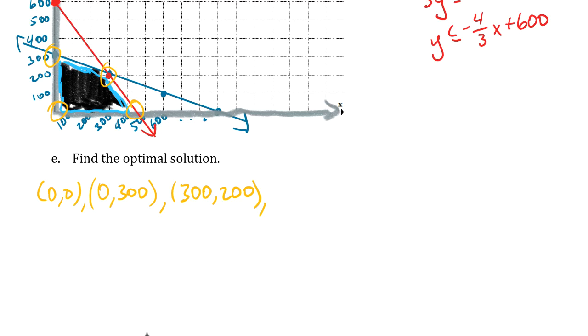Right? So over here, we have the red line. If we want to find its x-intercept, that way we can find what that point is, all we have to do is set y to 0. And now we solve. So subtract 600 from both sides.